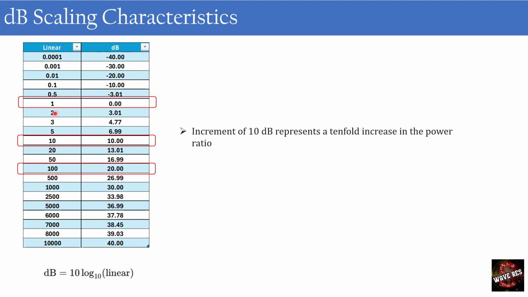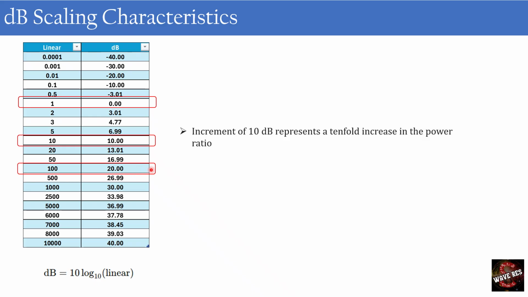In this table, you can see the linear scaled value, which is converted into dB scale using this equation. Here, I have used the power values. That's why this equation is 10 log 10 of the linear value. One of the characteristics is, if you observe the dB scale, when I consider 0 dB, 10 dB and 20 dB, it is increments of 10 dB.